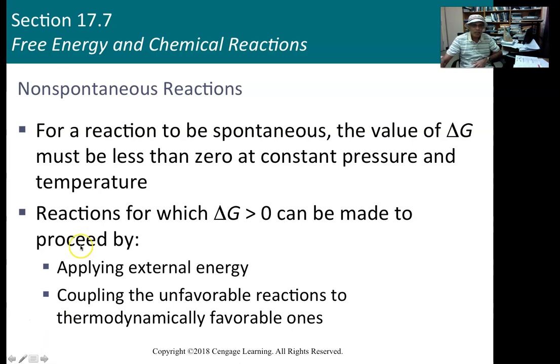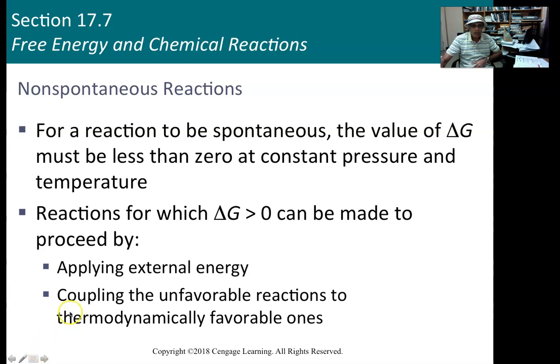All right, let's look at non-spontaneous reactions. Non-spontaneous reactions are when the free energy is greater than 0, in other words, a positive value of free energy. So we need to apply external energy in order to drive these sorts of reactions.